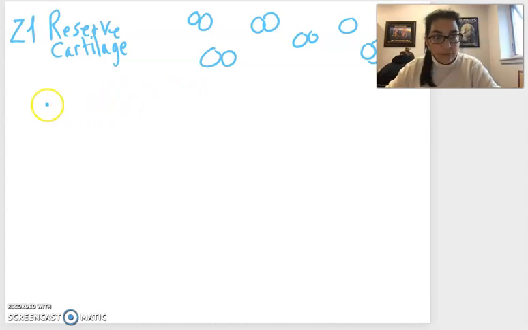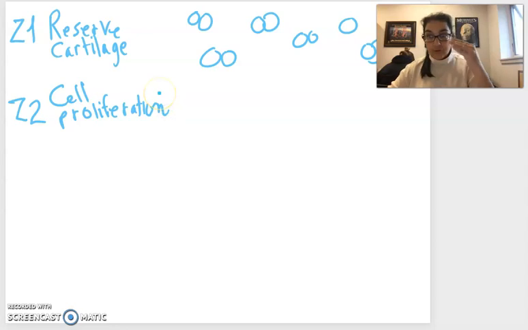Then below that, we have zone 2. Zone 2 is called zone of cell proliferation. What that means is that the cells are dividing and increasing in number. But two things are happening in that zone of proliferation. We have not only multiplication of cells, but we also have cells stacking up on top of each other. So now the lacunae are arranging in columns.